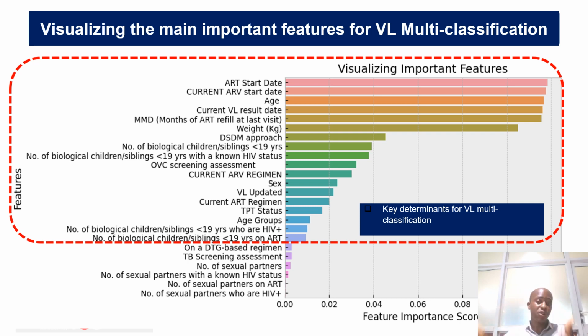So meaning that if health workers pay close attention to these services to ensure that the clients get them, then we are most likely to have optimization, we are most likely to have good treatment outcomes, we are most likely to see more patients suppressing compared to the current state where they are non-suppressing.